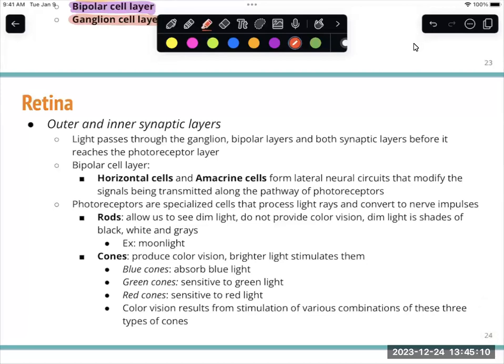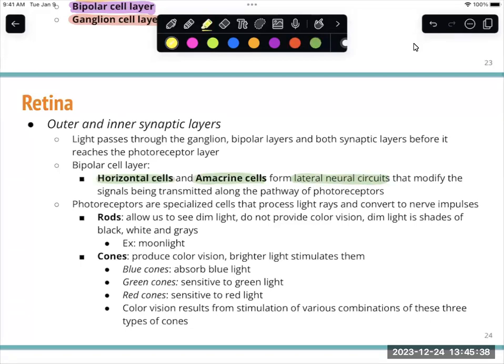So in the retina, we also will find horizontal cells and amacrine cells. These form some lateral neural circuits. These can modify signals as these different images and everything is passed along these cells.